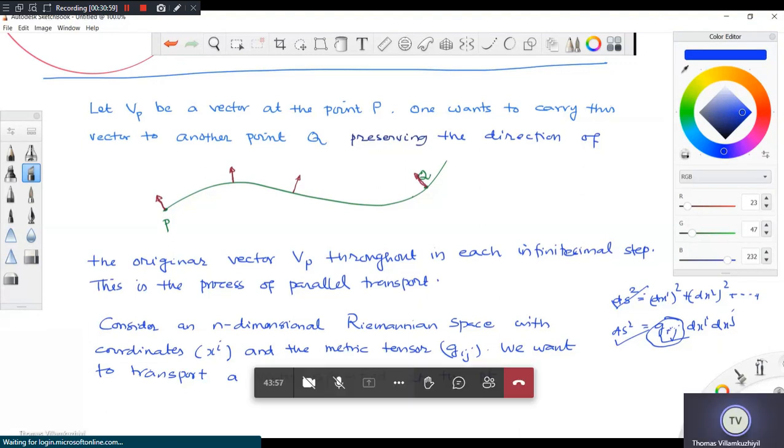That's the meaning; that's also how you specify the vector. Okay, at P to another point Q.